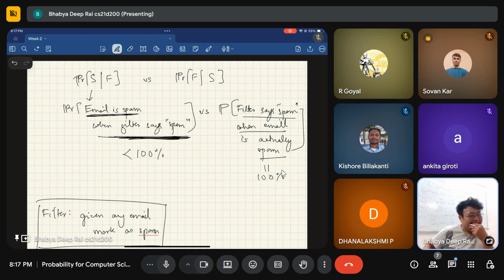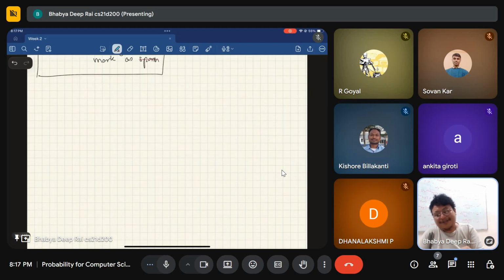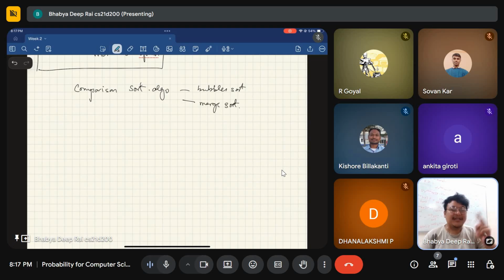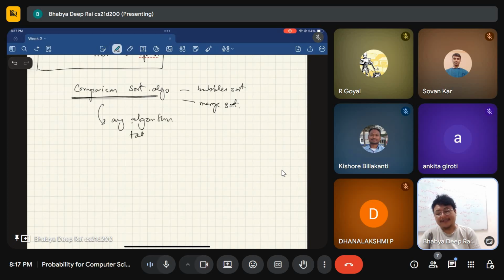Lower bounds are incredibly difficult. I think a good example is comparison sort algorithms, for example bubble sort, selection sort, merge sort, where you compare element by element. Any such algorithm takes at least n log n time.